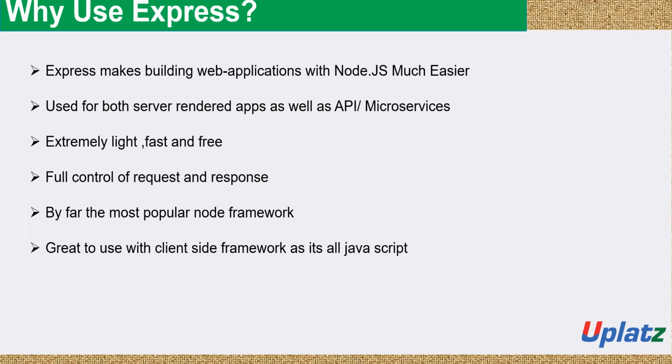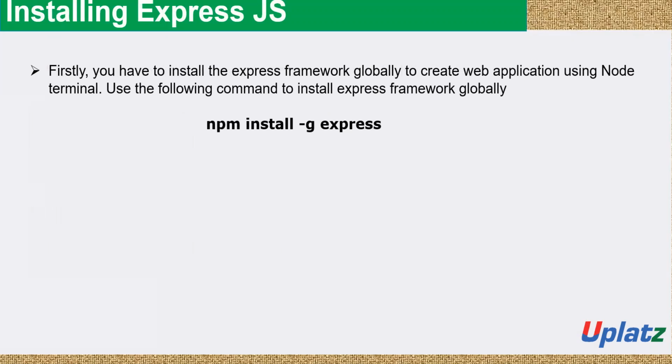When it comes to installation, we know how to work with the npm tool, and through npm we can use the install command followed by the name of the package which we want to install. So let's quickly open the command prompt and first install Express.js.